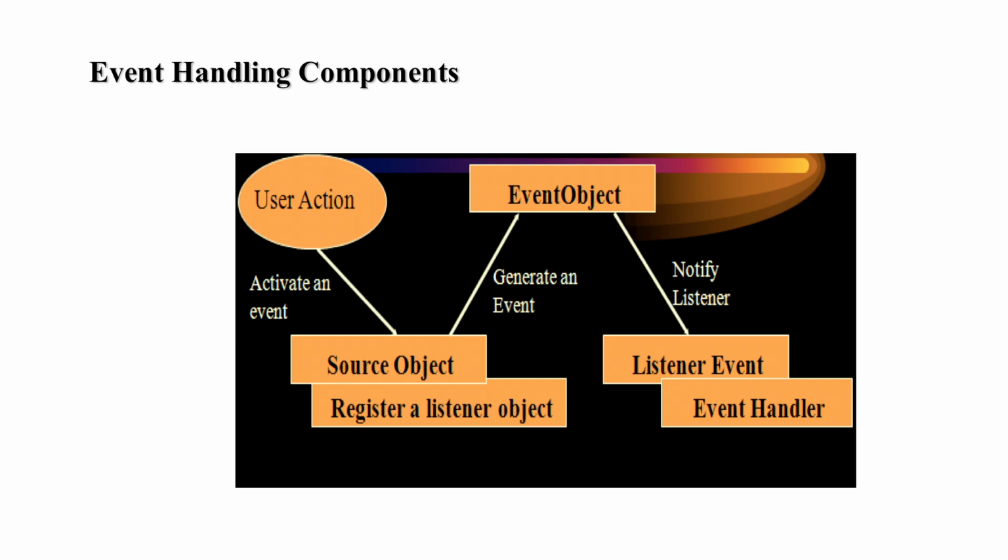So, event object, listener, event handler: here the user generates, activates or initiates an action from some source object, and event listeners are registered with the source. They are basically of event object type, and here they are used to notify the action whenever they respond to some event.